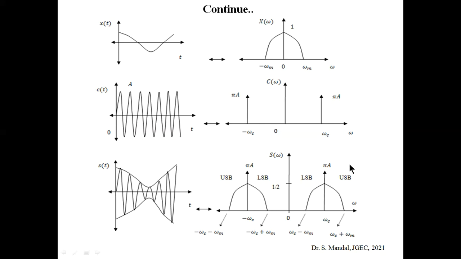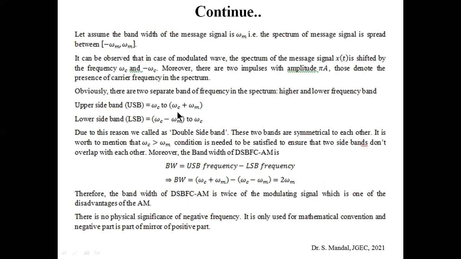As we are using the high frequency part here, we define a new term, upper sideband. The upper sideband lies from ωc to ωc plus ωm, and the lower sideband is from ωc minus ωm up to ωc. So this is the USB, or upper sideband, and this is the LSB, or lower sideband.